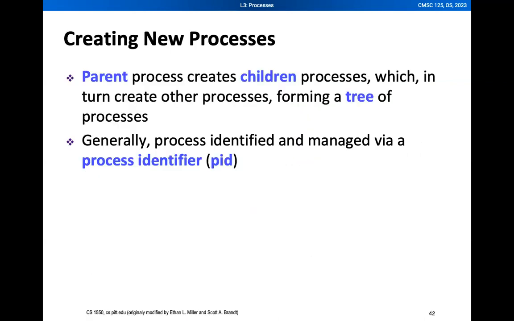So, when we are creating new processes, the parent process creates children processes, which in turn create other processes, forming a tree of processes. So generally, a process is identified and managed via a process identifier or PID. So it seems a little confusing pa, just reading all of these definitions, but stay strong, and we'll have better applications in the next slides.